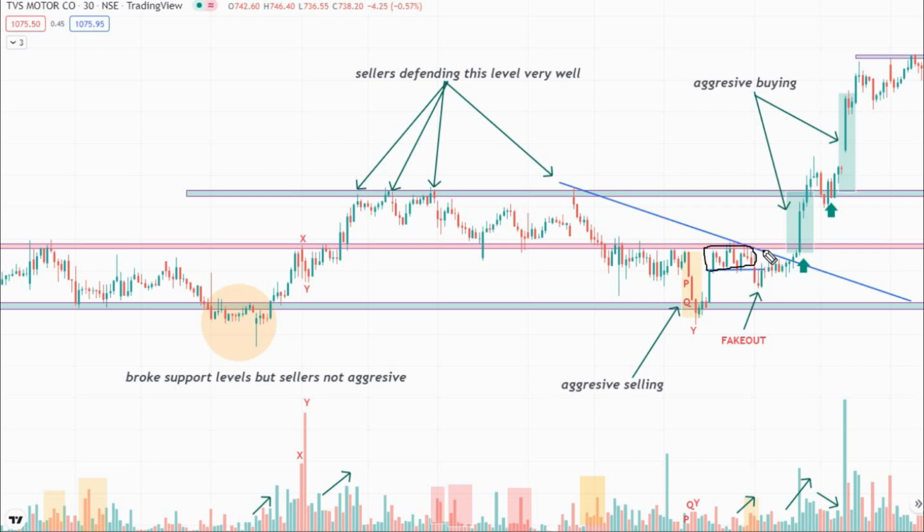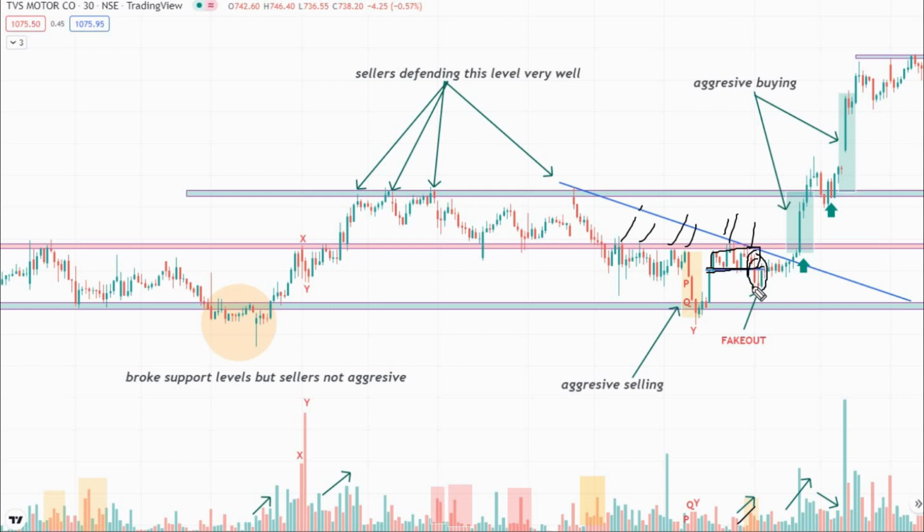Okay, then sellers broke this important support level and pushed the prices towards the downside with an increase in volume. So what is our expectation now? That sellers are defending here, and this time it broke this consolidation phase just below this important resistance zone.